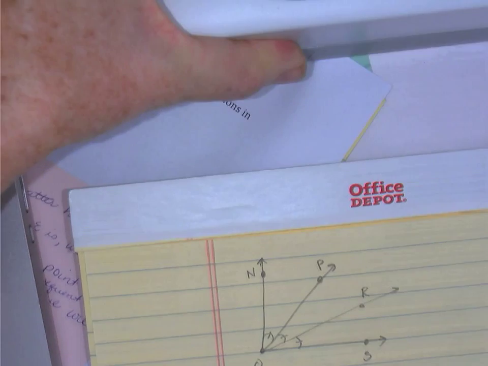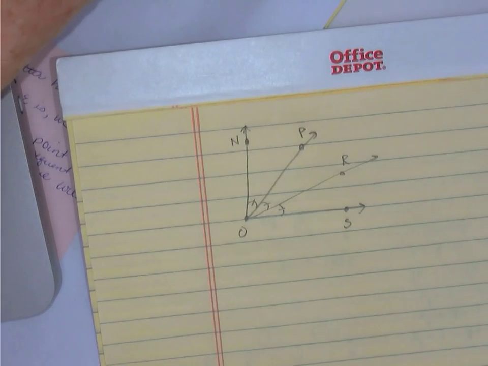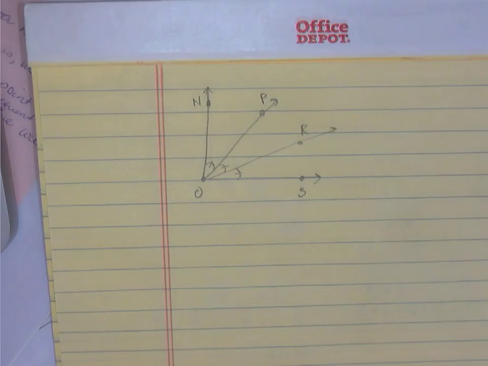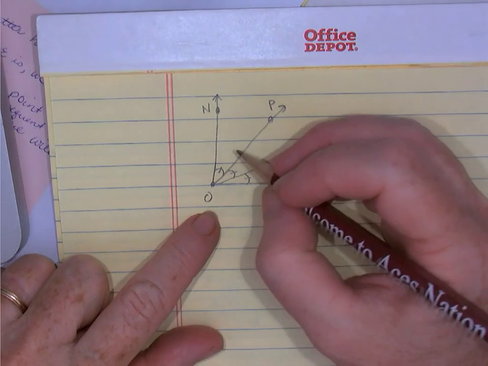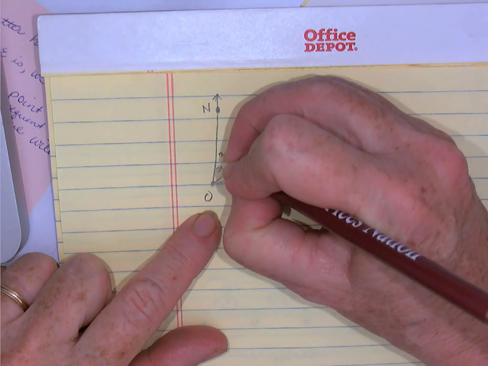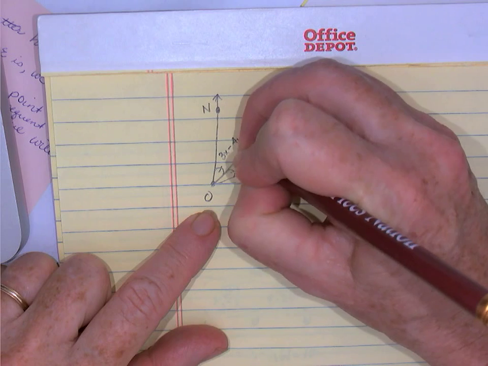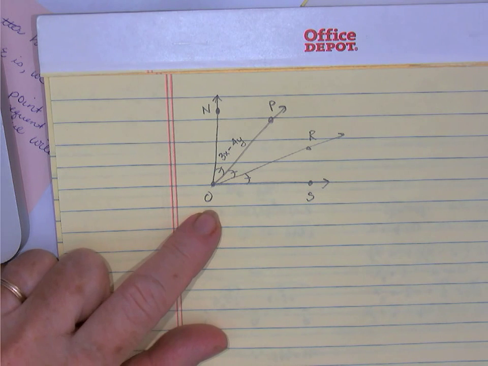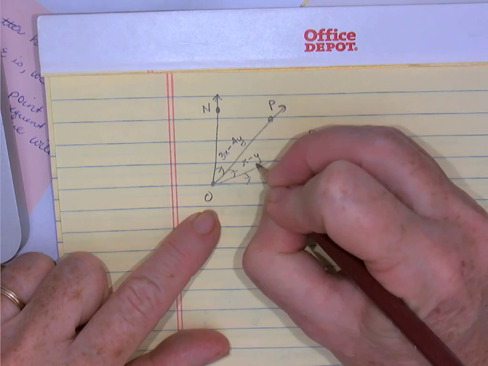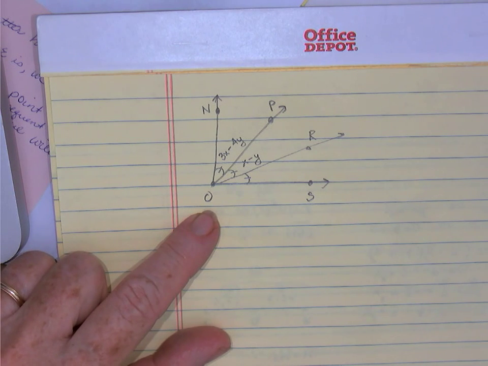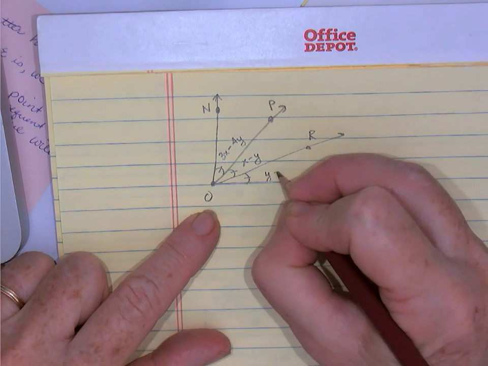Oops, sorry. So this is the diagram that we're dealing with. So let's see, NOP is 3x minus 4y. Again, I have to label everything. POR is x minus y, and ROS is y minus 10.